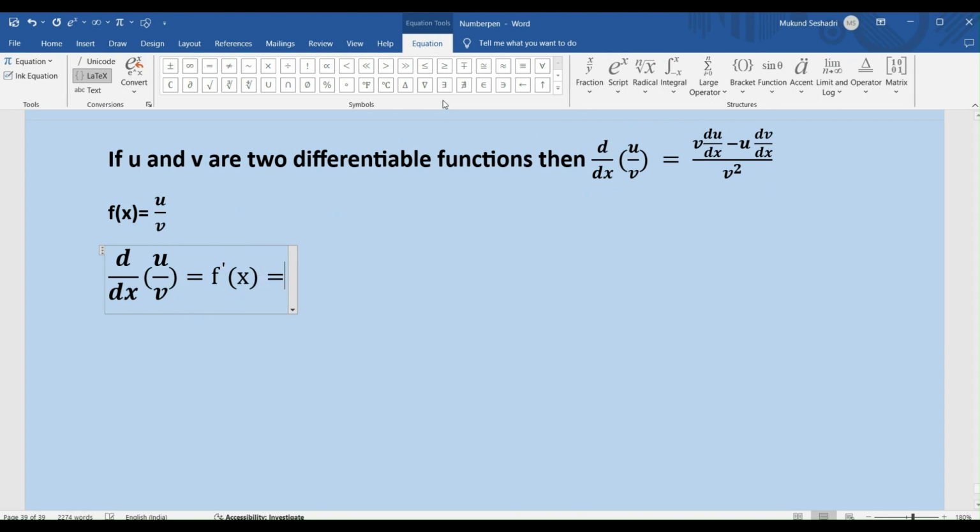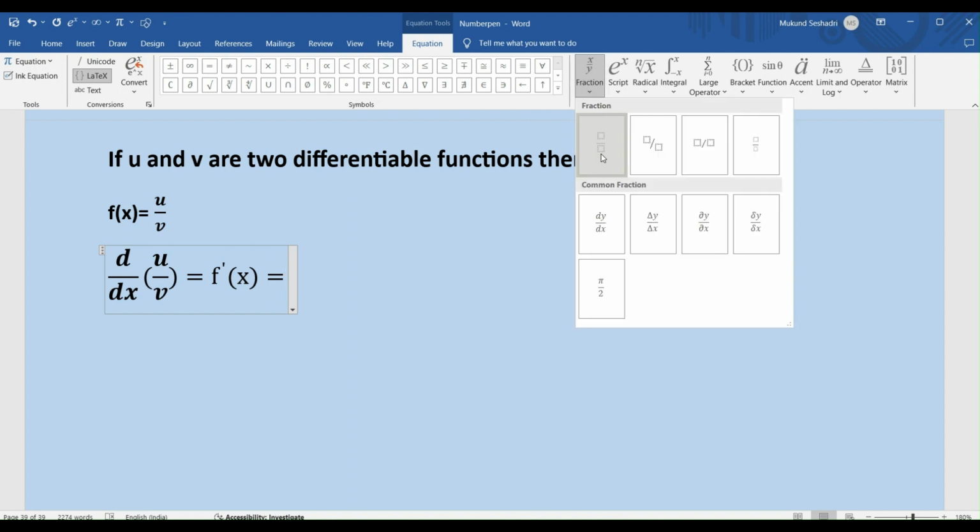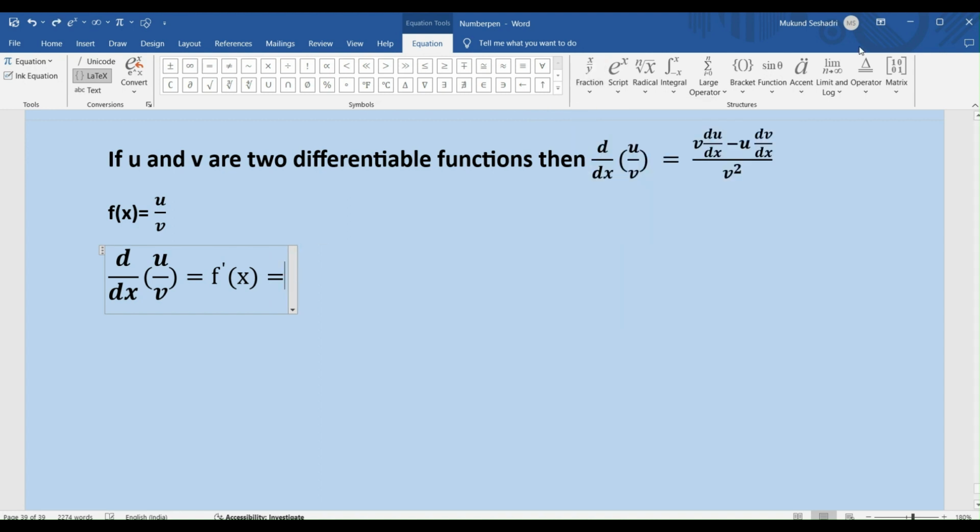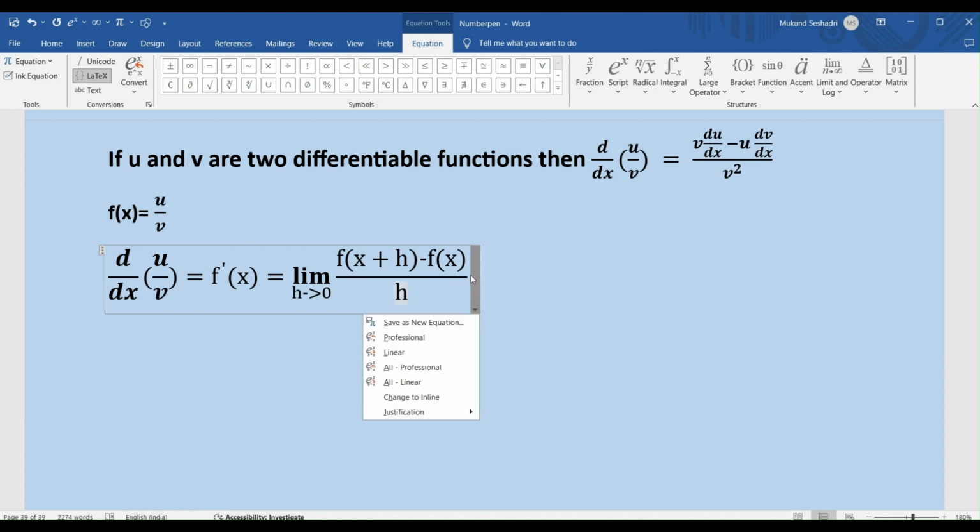And when I go to my first principles and write this out, I will have to call out my limits, which is limit h tending to 0, and my f dashed of x is nothing but f of x plus h minus f of x divided by h, right? And now that we have this expression in front of us, we know what is my f of x plus h, right?